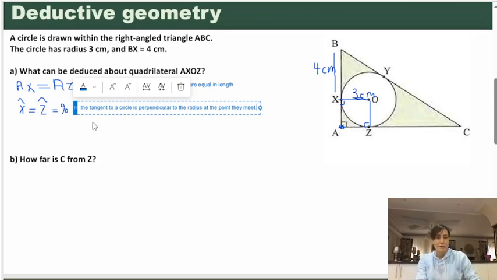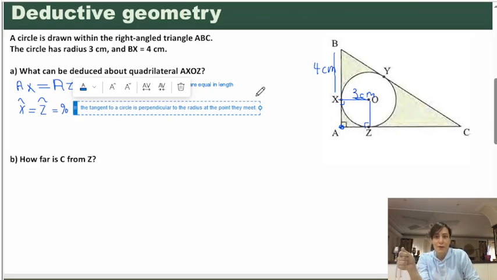So that's the reason. I try to use these two rules and I show all the interior angles of this quadrilateral equal 90 degrees. We know the interior angles of any quadrilateral add up to 360.